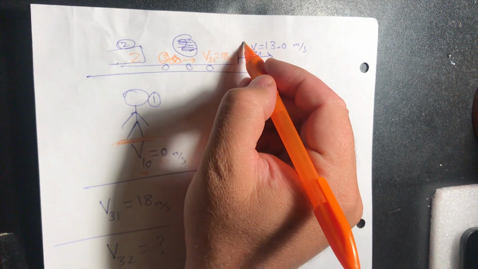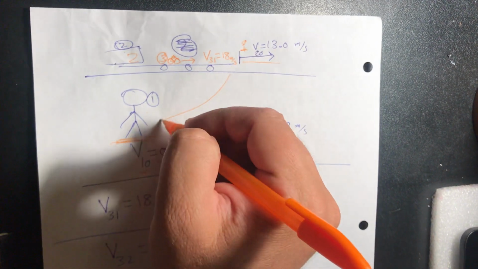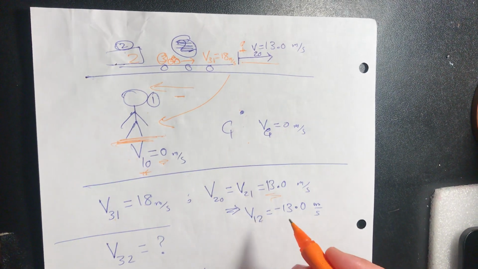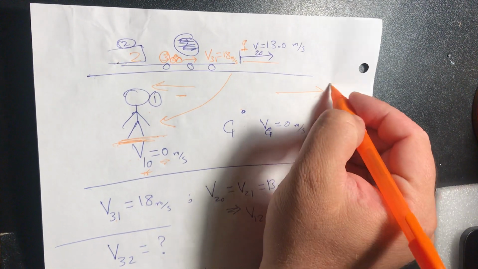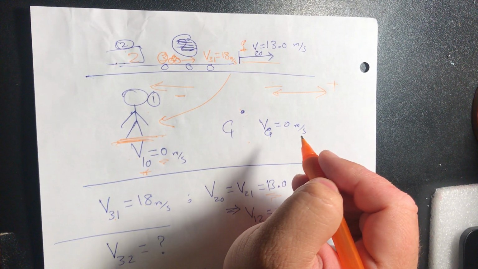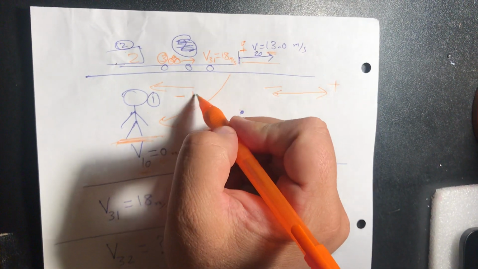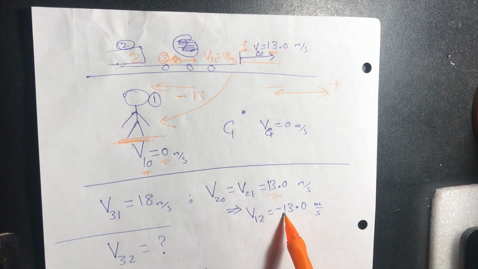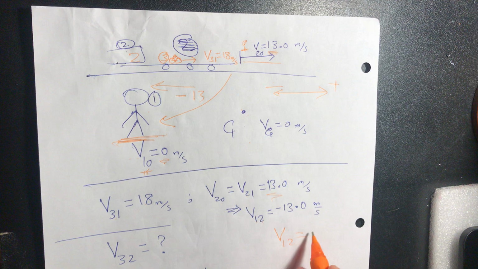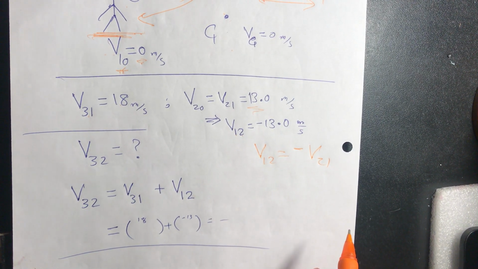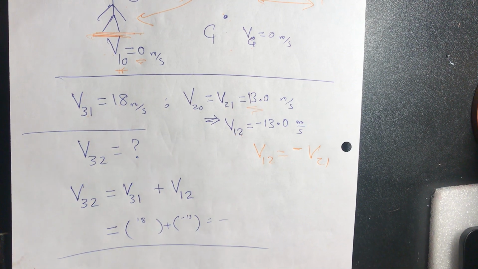Any person standing on the train will see this person moving in the opposite direction, with a negative sign, because we have the positive x and the negative x, with the same speed, negative 13. So the velocity v12 is equal to negative v21.